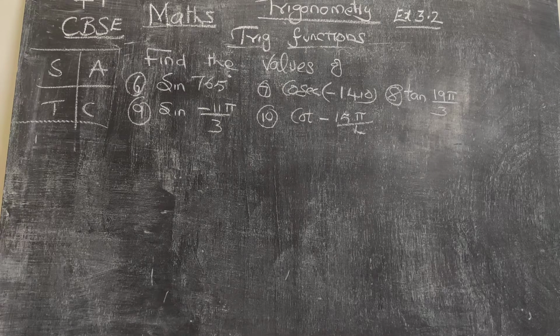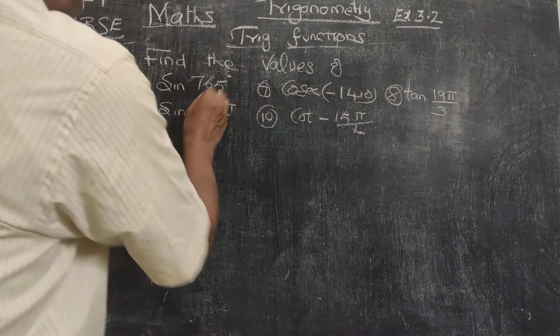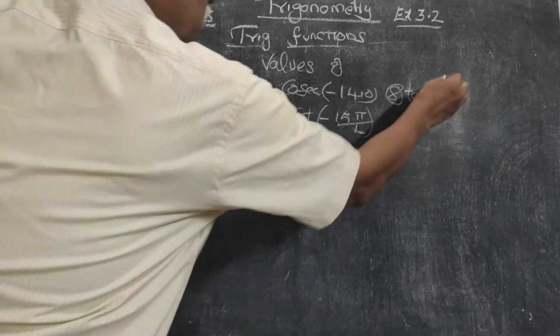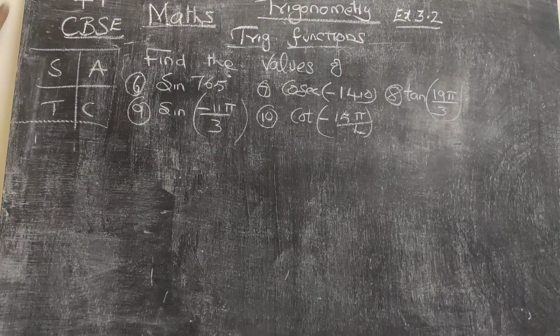cosecant of minus 1410, tan 19 pi by 3, sin of minus 11 pi by 3, and cot of this. Again, for those who have not seen the first video where I have given the introduction and examples, for their sake let me just summarize what I told in the previous one.